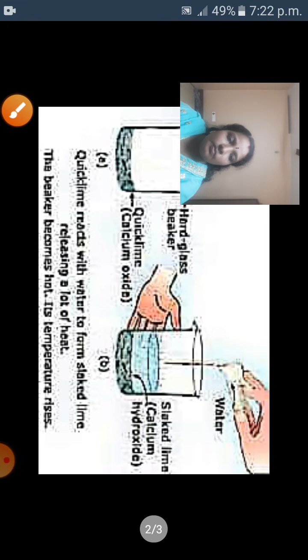Now, all of you look at this picture. This picture also shows the reaction of calcium oxide and water.